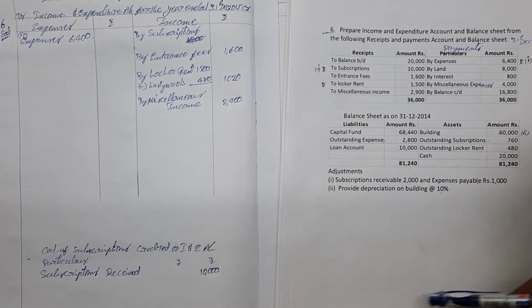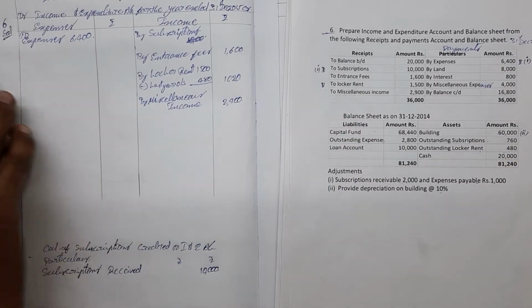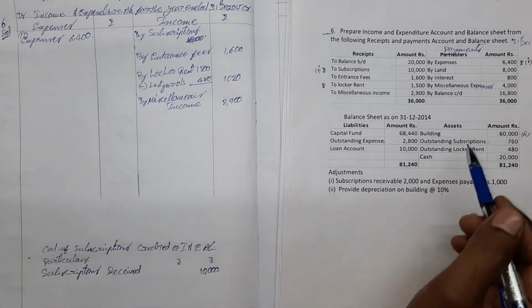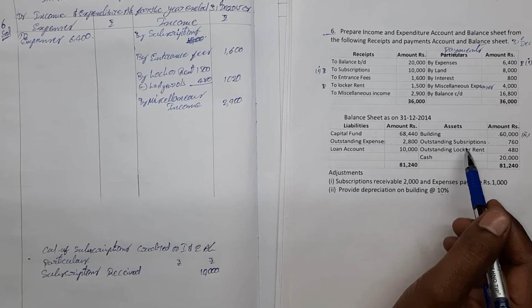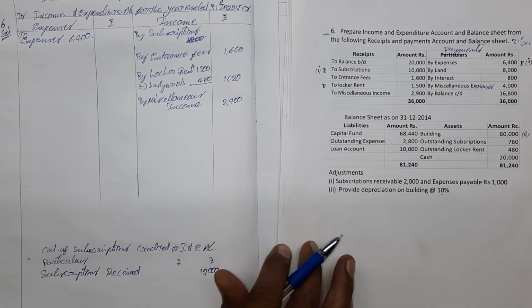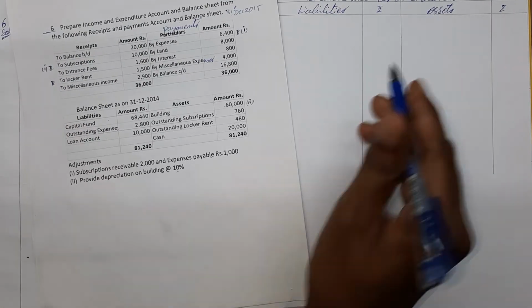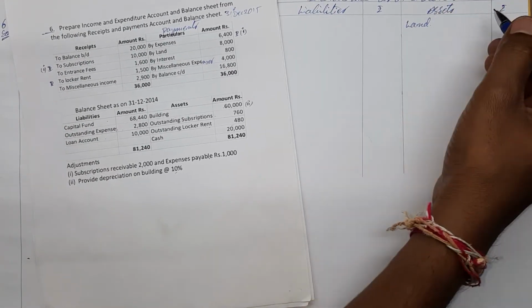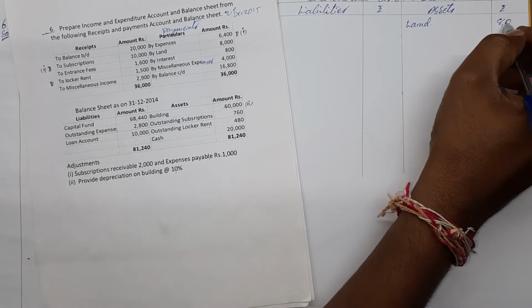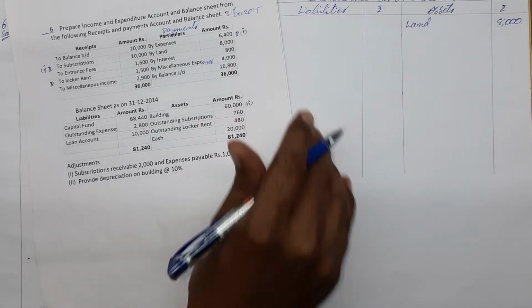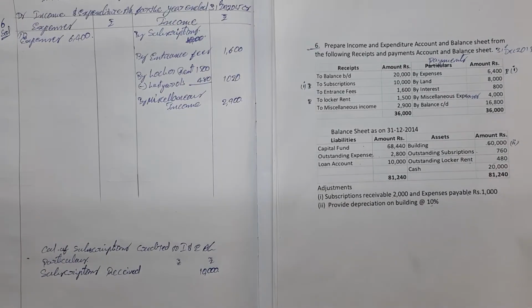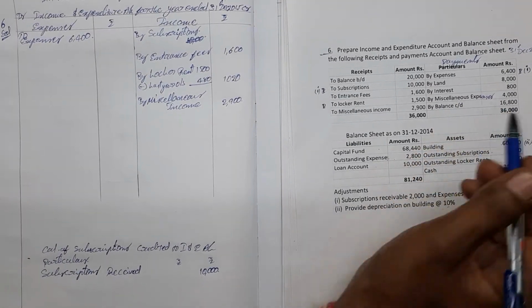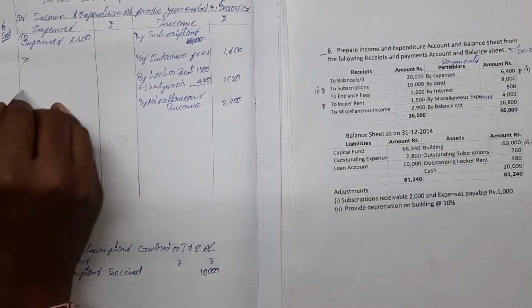The land value was purchased only in this year; the land is not there in last year's opening balance sheet. So land is an asset, a fixed asset, under the asset side of the balance sheet, 8000. And interest, there is no adjustment for interest, 800.